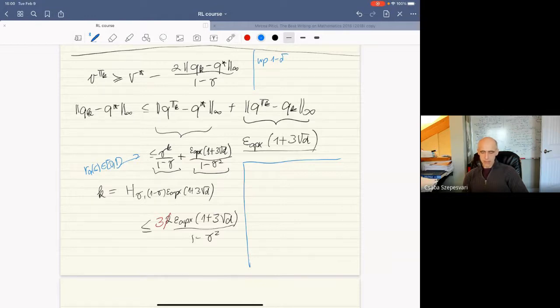So V of pi k is at least as large as V star minus, and then maybe we want to say 3 times the approximation error times 1 plus 3 square root d divided by 1 minus gamma cubed, and then there is also a factor of 2 that's creeping in here, so that becomes a 6.